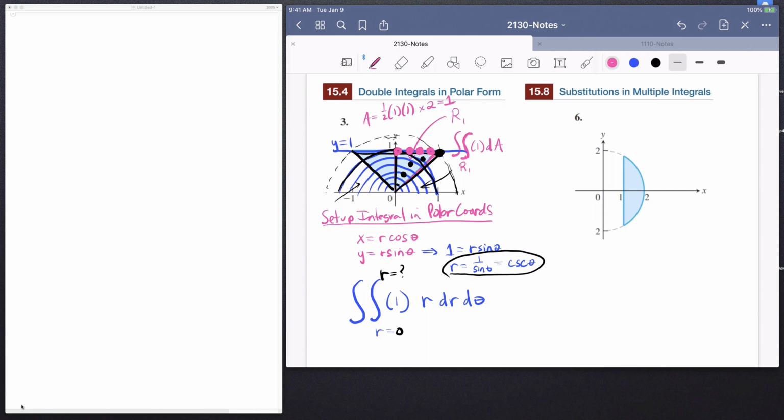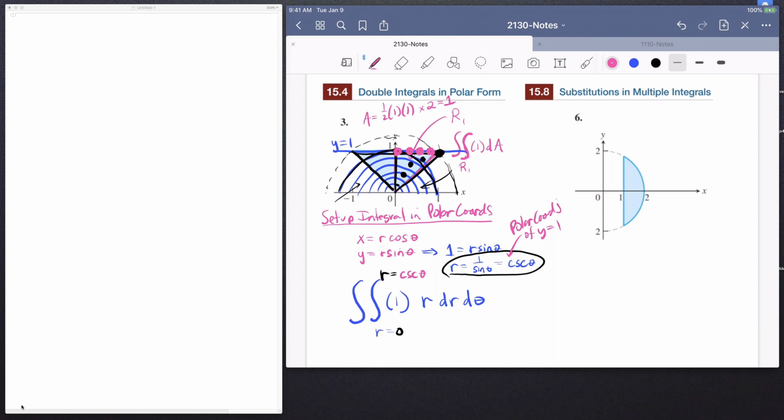Any point on y equal to 1, this is the polar coordinates version of the line y equal to 1. The radius is cosecant of theta.